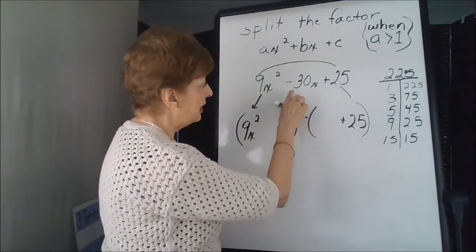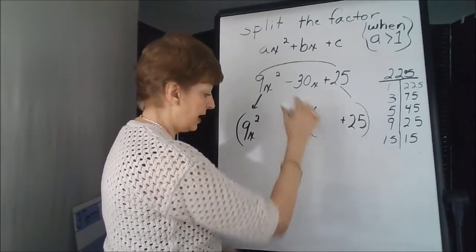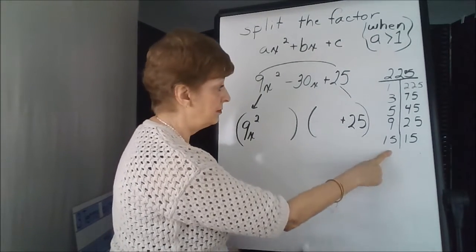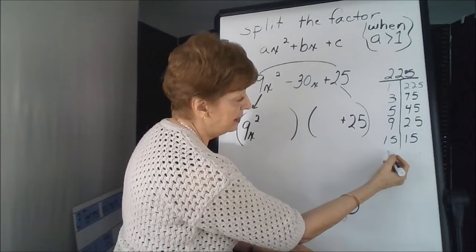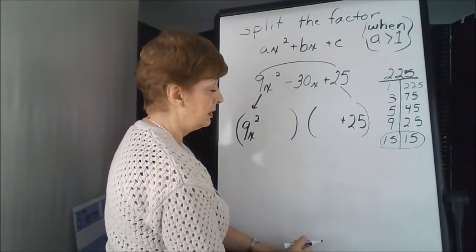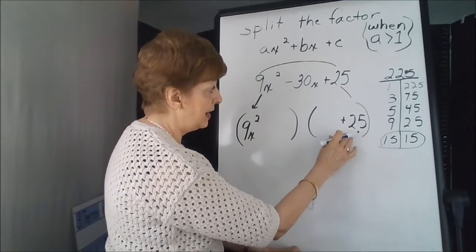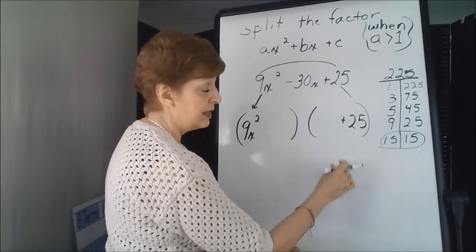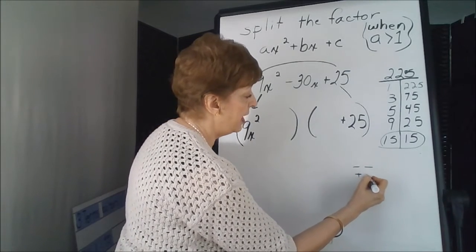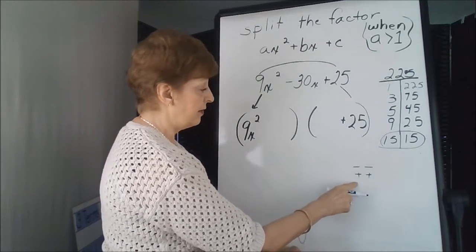So now we're looking for two factors that add or subtract to 30. And actually, it's our last one. If we had 15 plus 15, it would be 30. So now we're going to have to deal with our signs. We need a positive 25. That's multiplication. So two negatives or two positives make a positive 25.